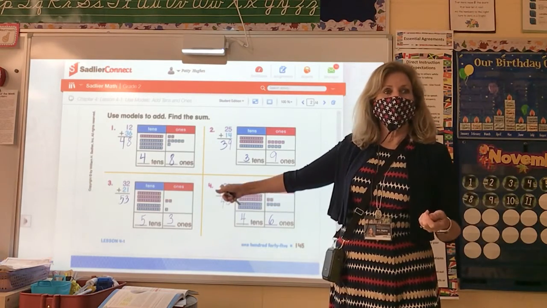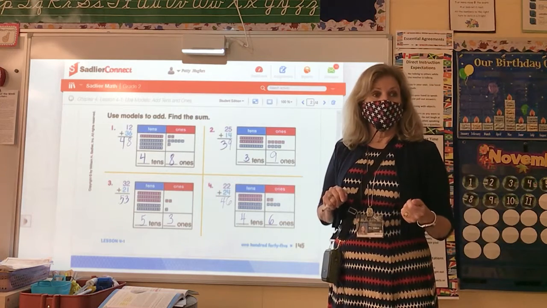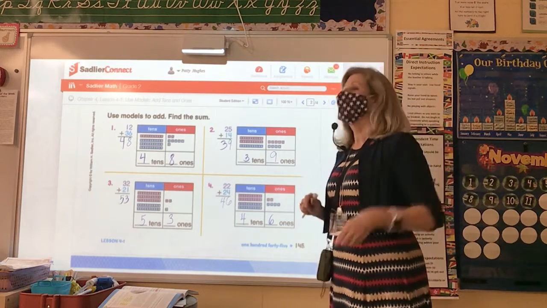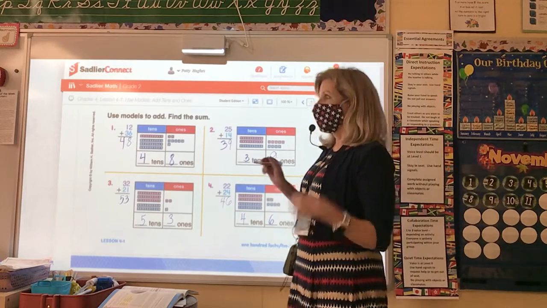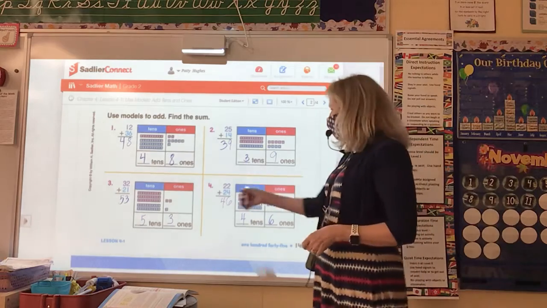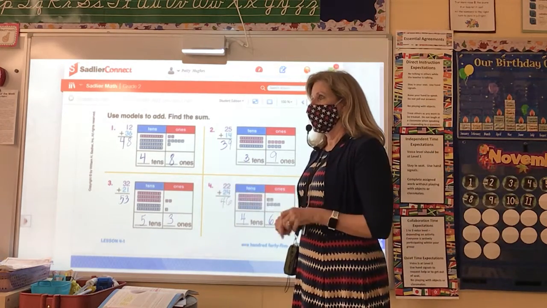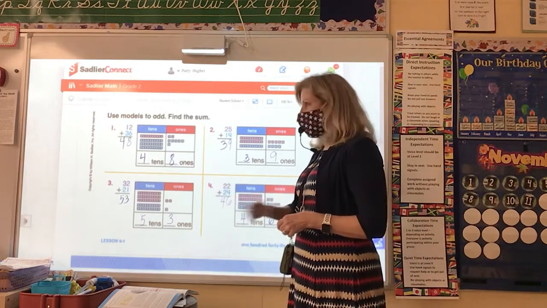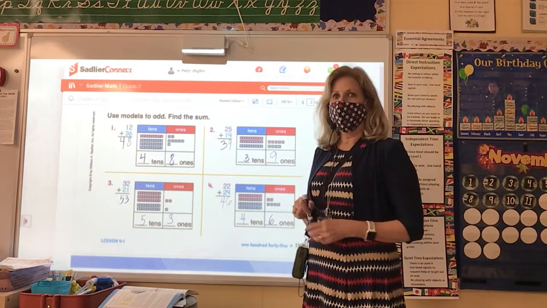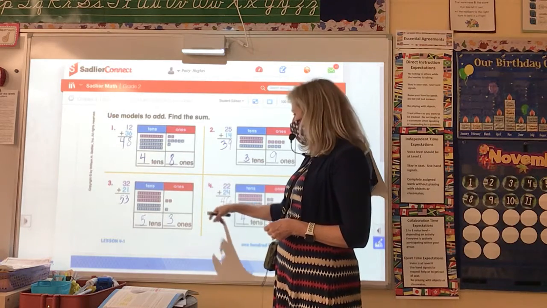Then we should have been saying that 2 tens plus 2 tens equals 4 tens. Very good. 2 tens plus 2 tens equal 4 tens because these aren't just regular 2s. 2 plus 2 equals 4. 2 tens plus 2 tens equals 4 tens. Because 20 plus 20 equals 40, which gives you 46.